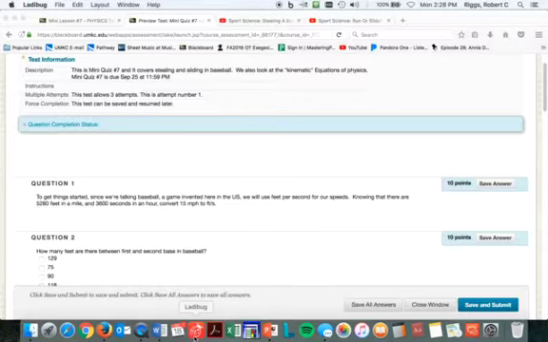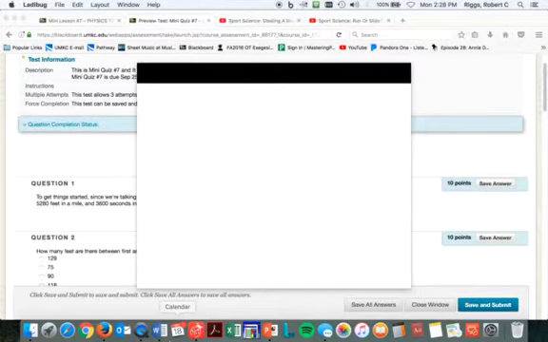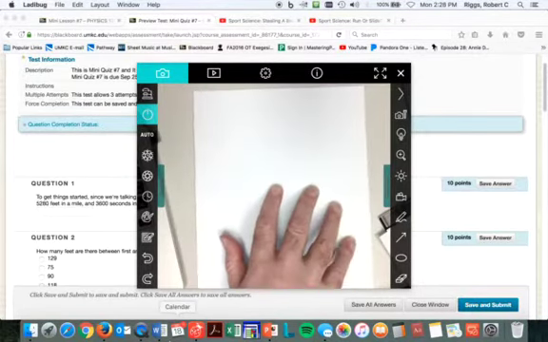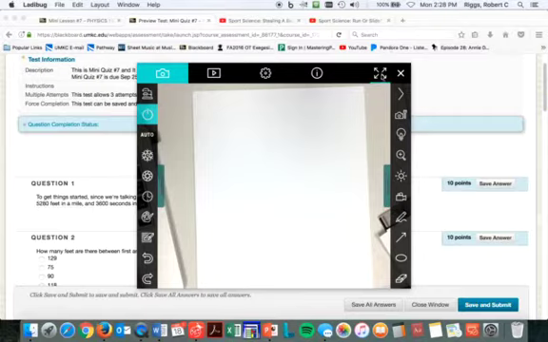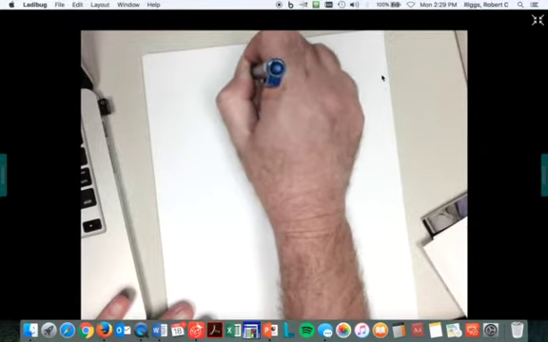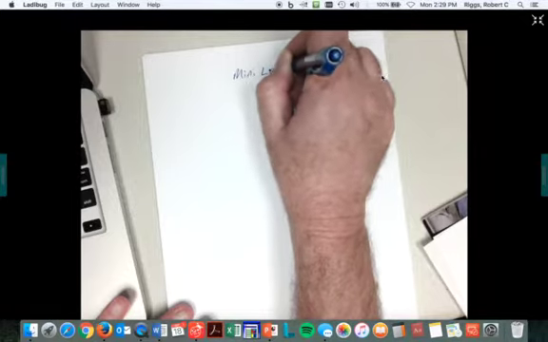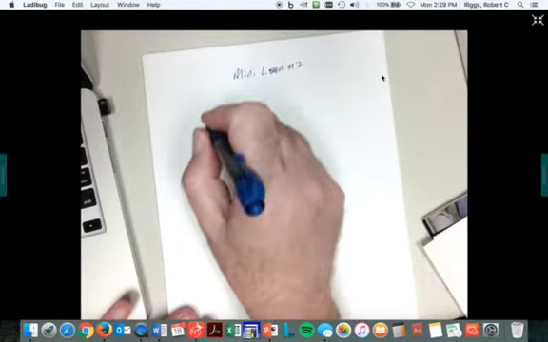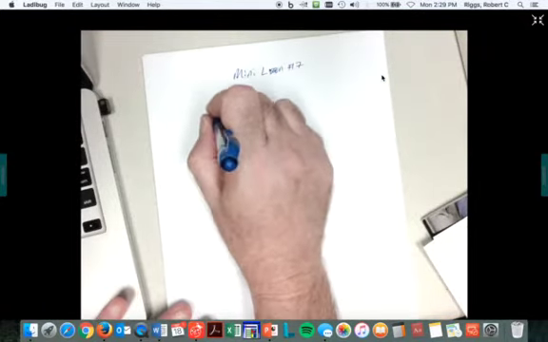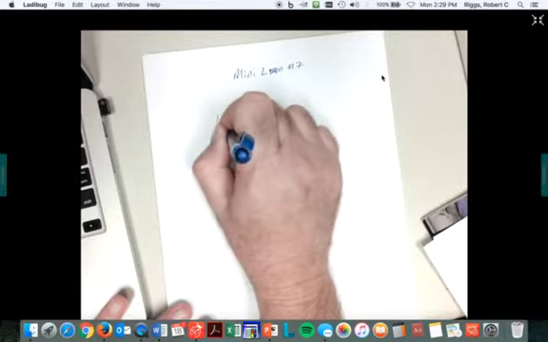Well, let's take a quick peek at how we would do that. So question 1, this is mini lesson 7. I've got 15 miles per hour.